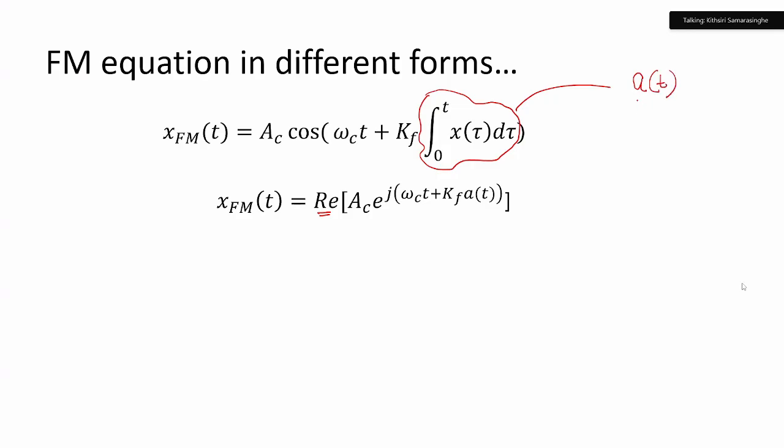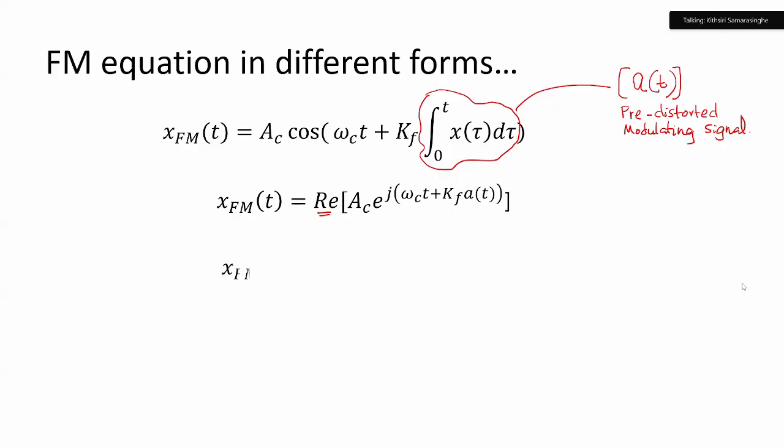In other words, a(t) is the pre-distorted modulating signal. This pre-distortion means it's integrated.